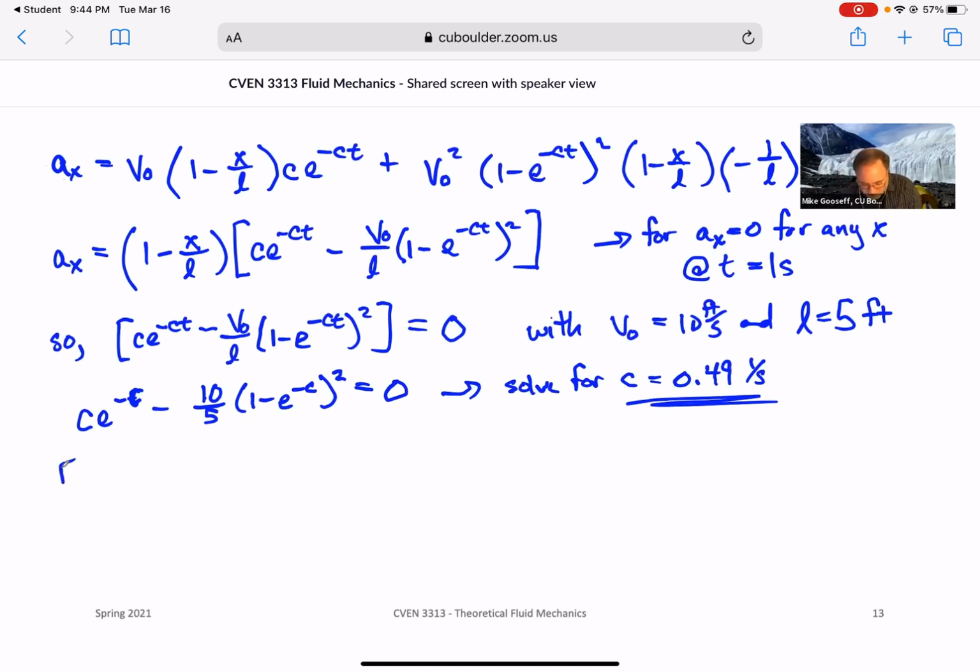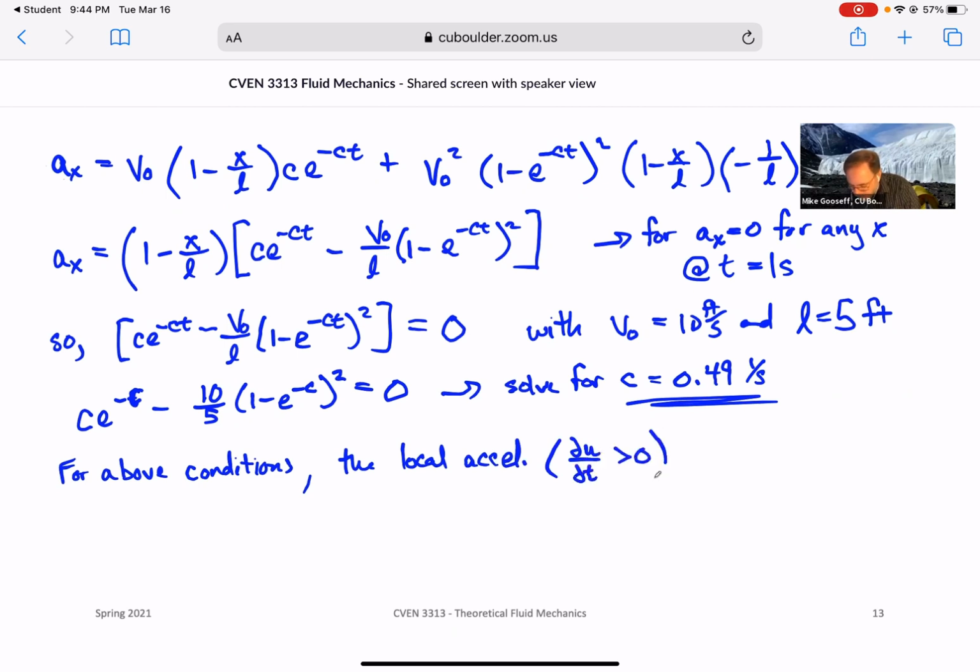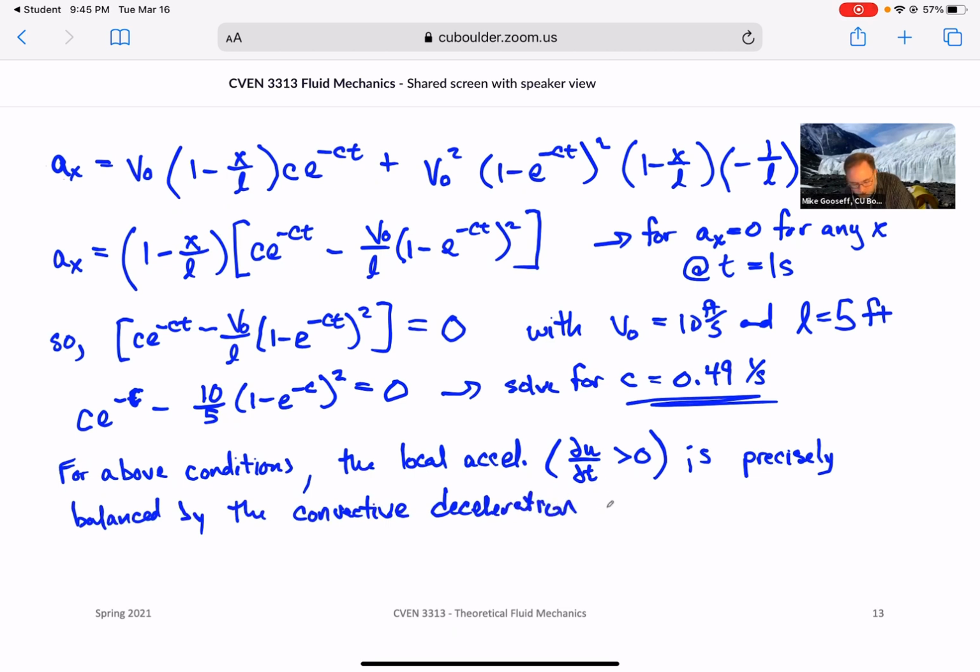So now the explanation is that for the given conditions, the local acceleration, del u del t greater than 0, is precisely balanced by the convective deceleration, or the negative acceleration, which is u del u del x being less than 0.